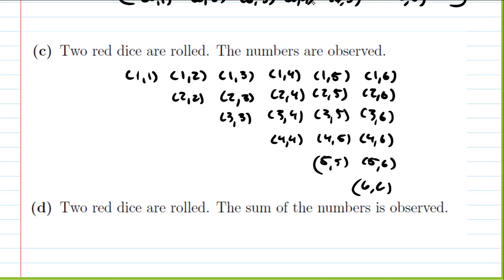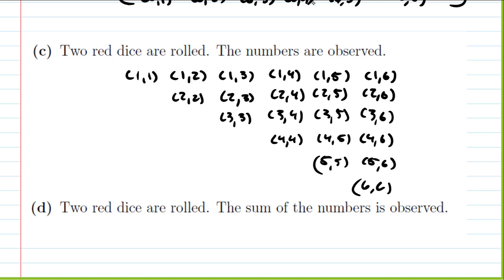So that would be our possible configurations, right? Because the reason we're not including anything that's down here below the diagonal, if I had, say, 3,2, if I can't tell the dice apart, rolling a 3 and a 2 is the same as rolling a 2 and a 3, because the events are indistinguishable.